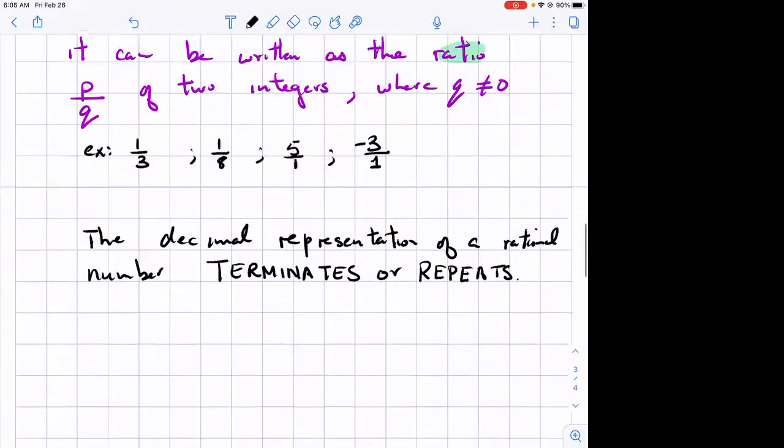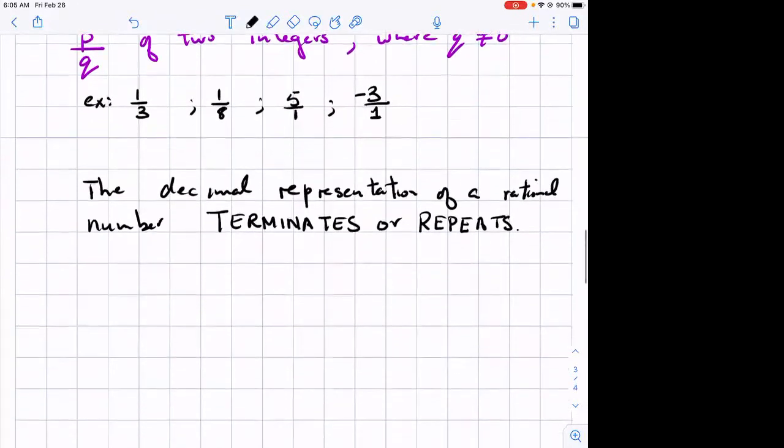And what do we mean by that? For example, 1/3 is the same as 0.33333, and this 3 never ends. And that's what we mean by it repeats.